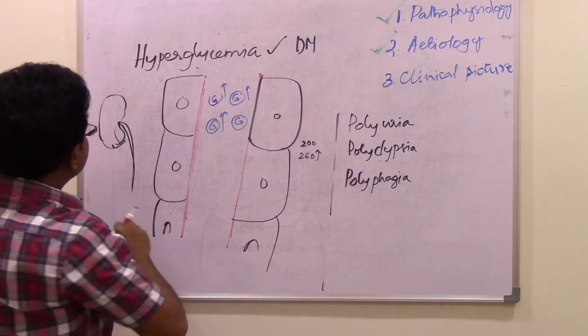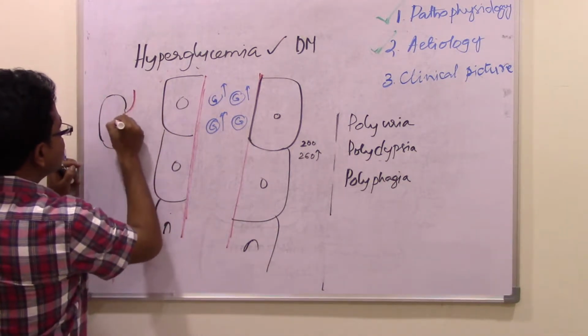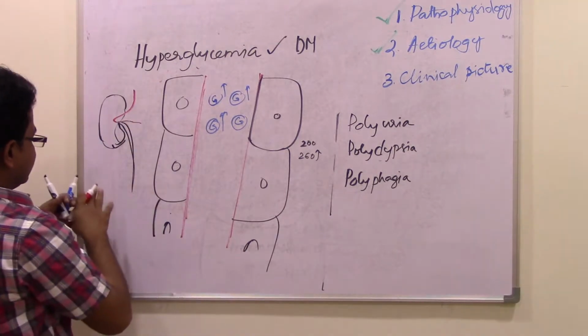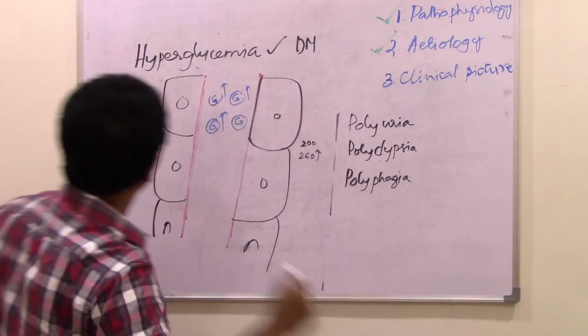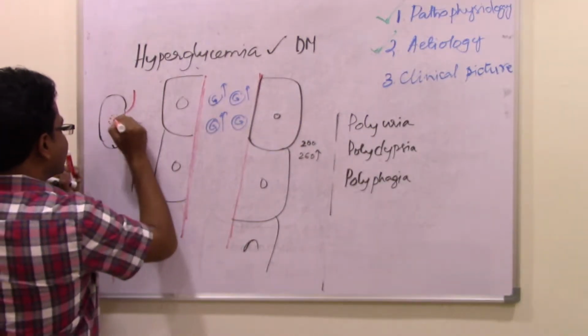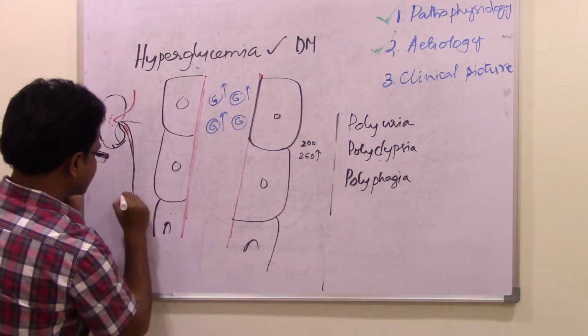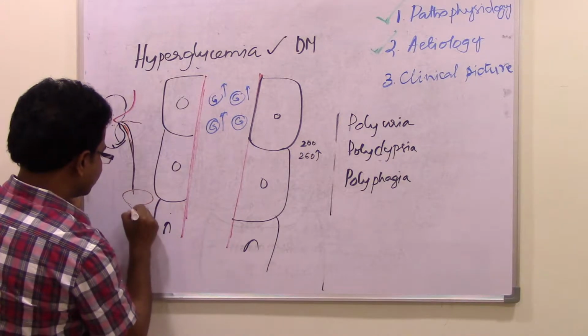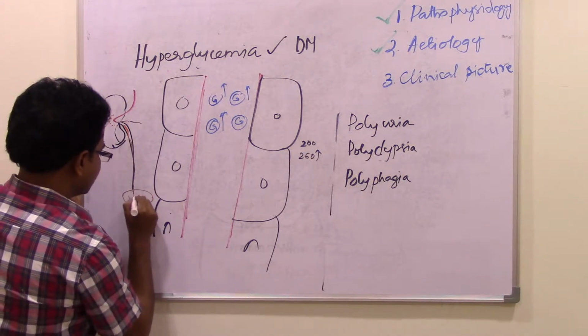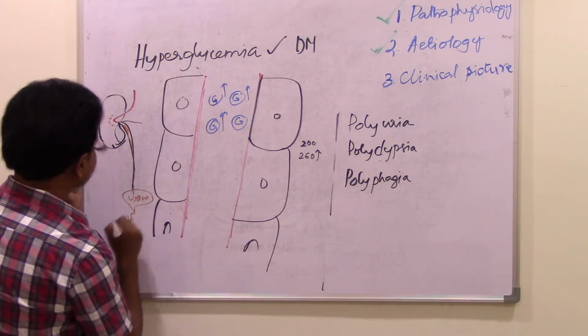So the blood is moving into our kidney, and whatever waste or excess comes out goes through the ureter and is collected in the urinary bladder as urine and is excreted out.